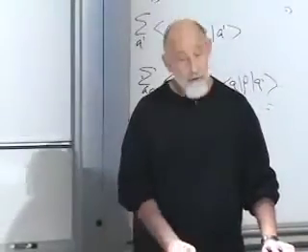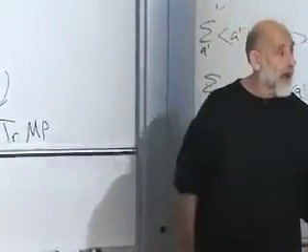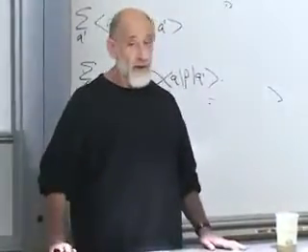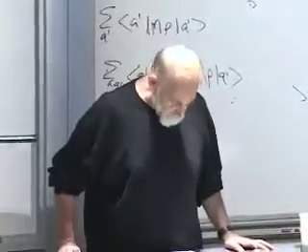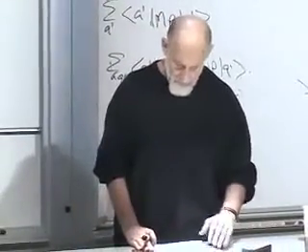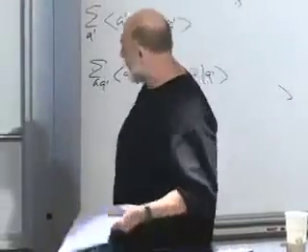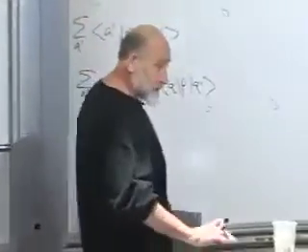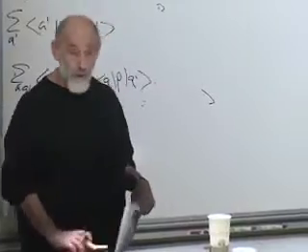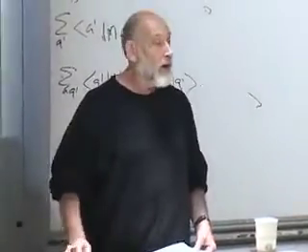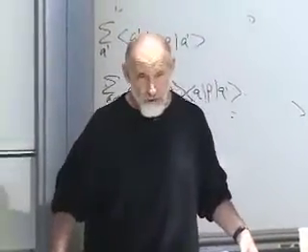Any time that the wave function factorizes into a product of a function of A and a function of B. Let's analyze that situation a little bit and see what it says. That's a special case. Not all functions of two variables are products of a function of one variable times a function of another variable.